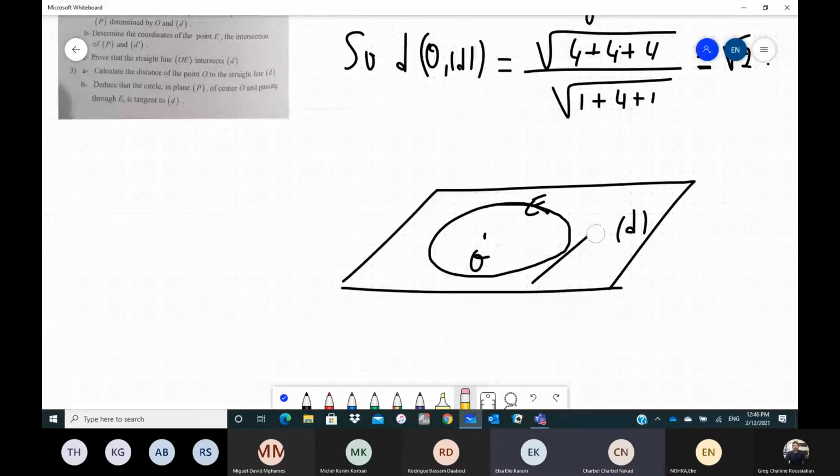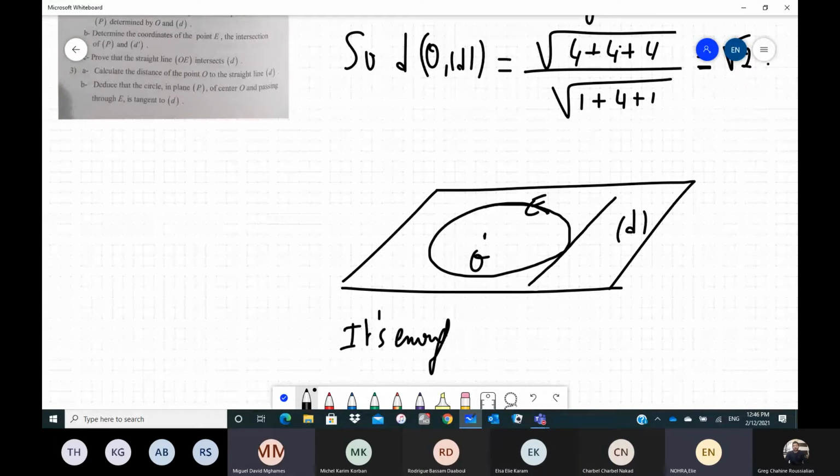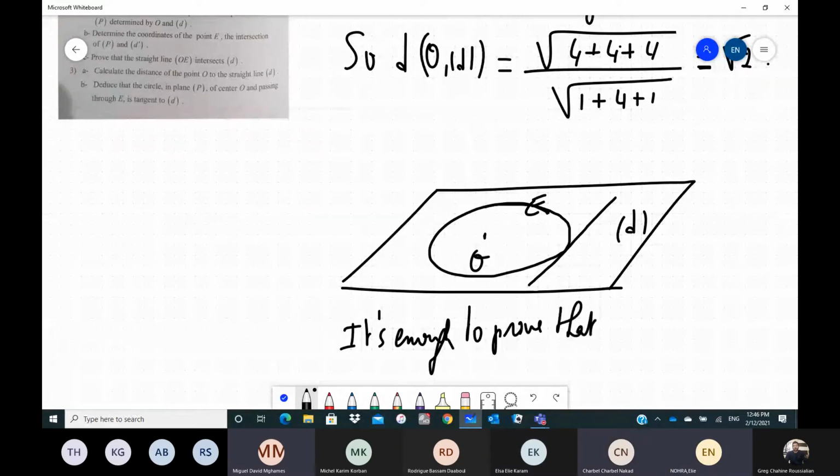Sir, what was the question? The question is in front of you on the screen: show that the circle of center O and passing through E is tangent to the line D. So it's enough to prove that the distance from O to D is equal to the radius.